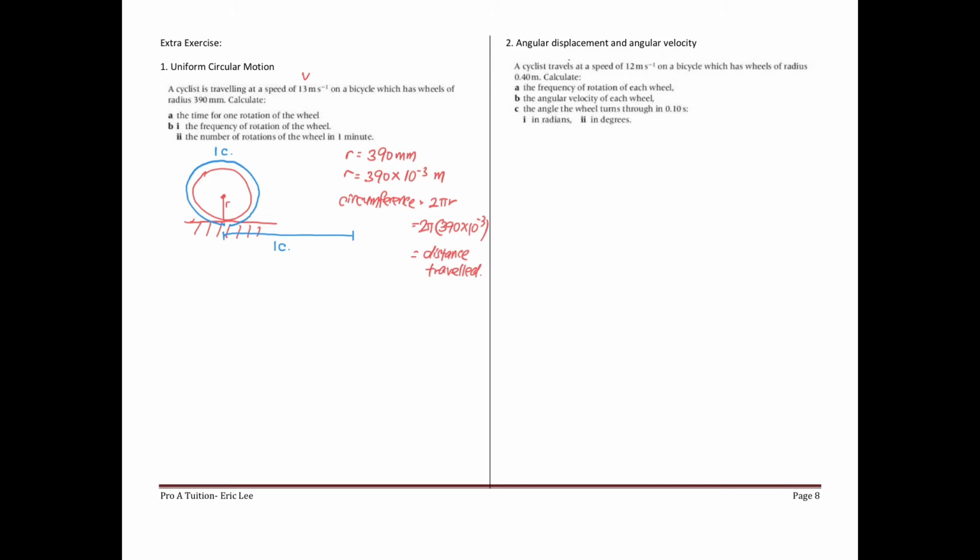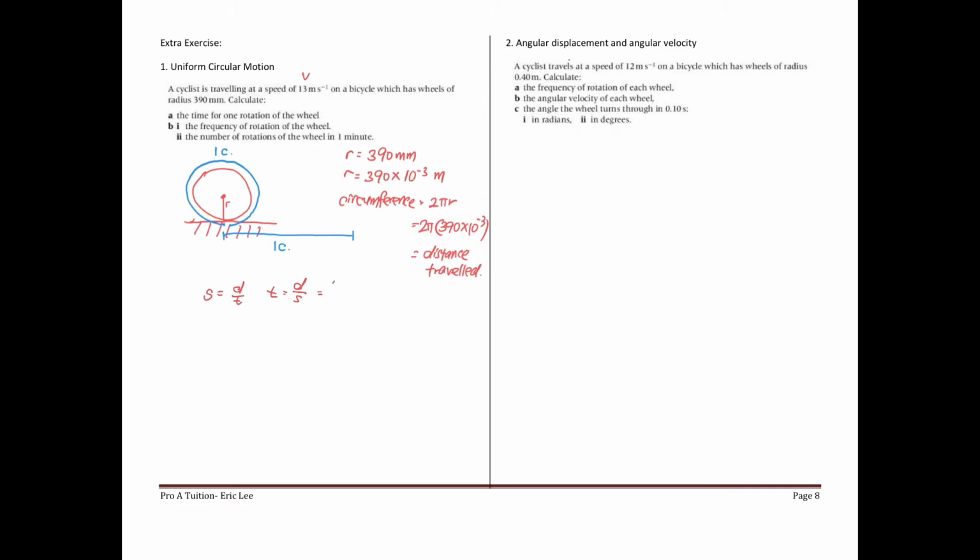So we have distance now. We also have the speed. So as you can see here, this is the speed. So you have distance, you have speed, and you want to find time. So we can make use of the formula: speed equals distance over time. By rearranging this formula, you will get time equals distance over speed.